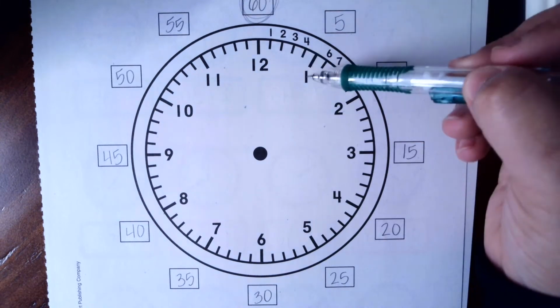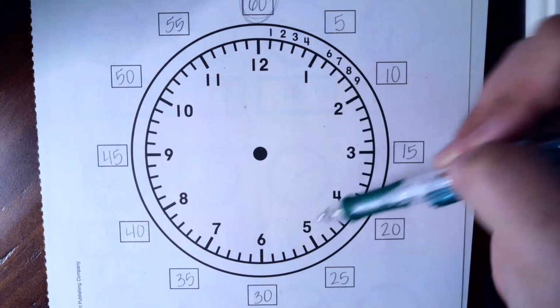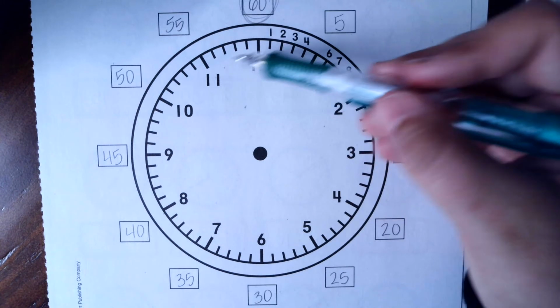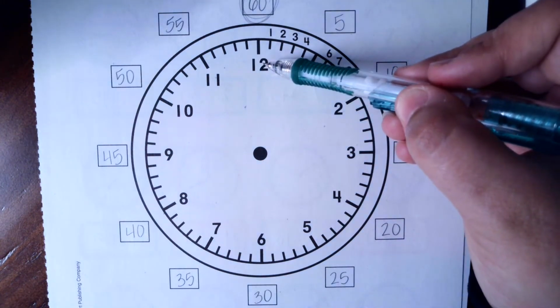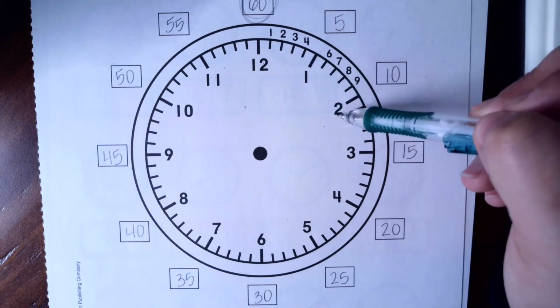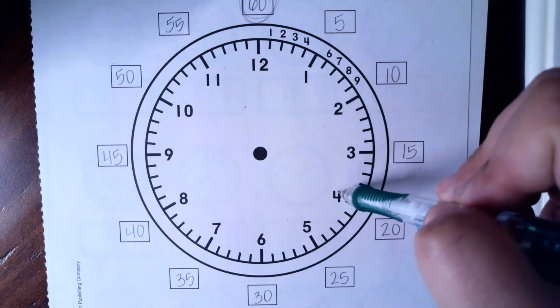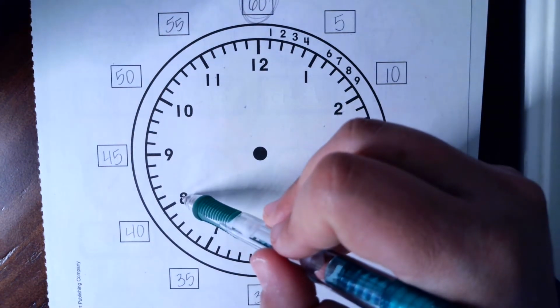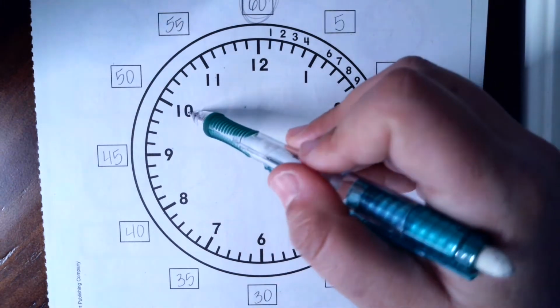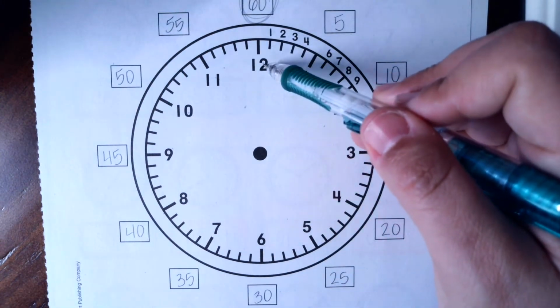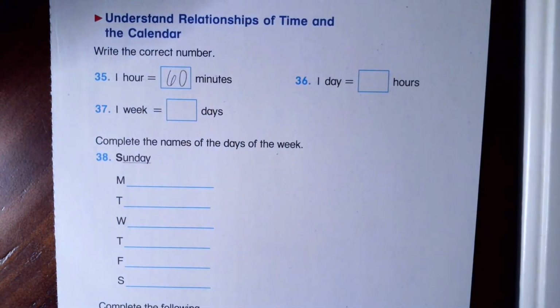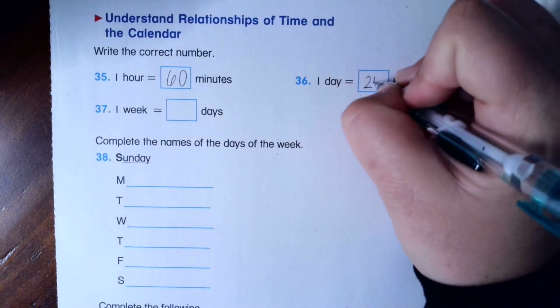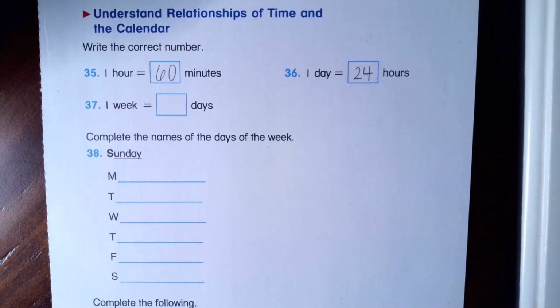So it goes, here's 1 hour, 2 hours, 3, 4, 5, 6, 7, 8, 9, 10, 11, 12. Now we're at noon. And then it goes around again back to midnight. 13, 14, 15, 16, 17, 18, 19, 20, 21, 22, 23, back to midnight, 24. So in 1 full day, there are 24 hours.